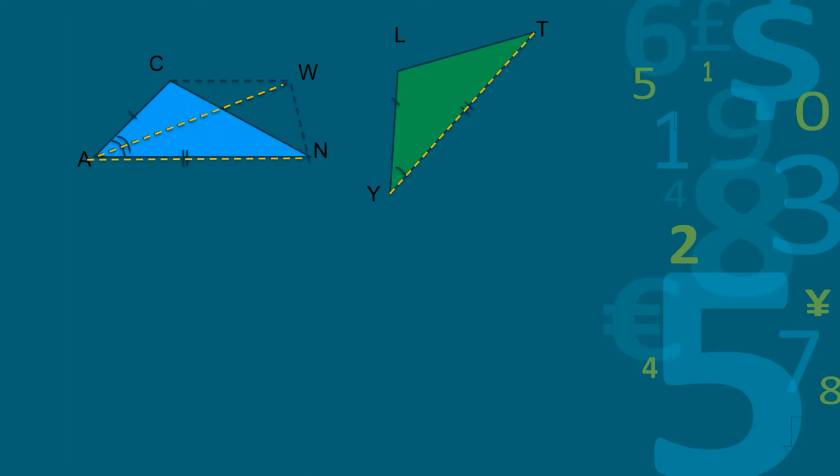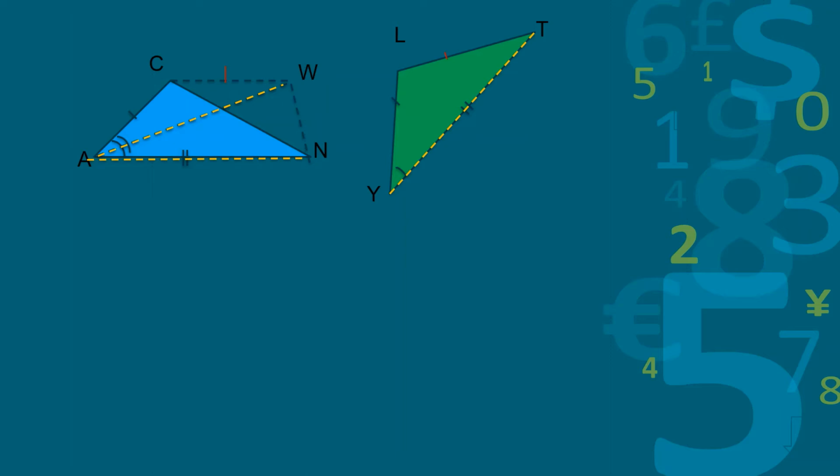We can also say that since triangle CAW is congruent to triangle LYT, CW will also be congruent to LT. Magiging congruent na rin sila because these are already the corresponding parts of the congruent triangles.